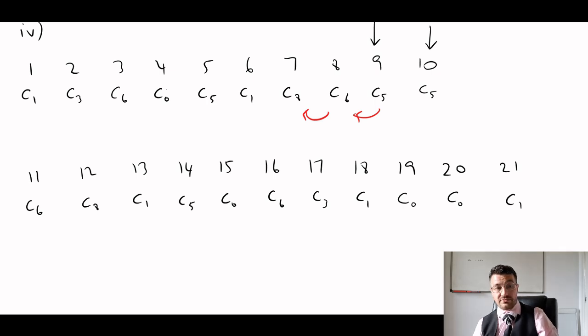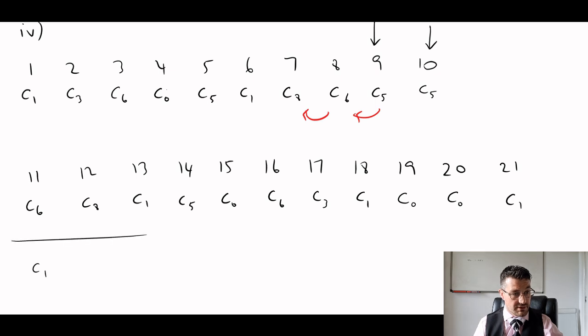Okay, so then we'll just go through which children are not represented anywhere here. Actually, let's start from the beginning and work through methodically. So we've got C1, C3, C6, C0. The indices are not necessarily in numerical order here.